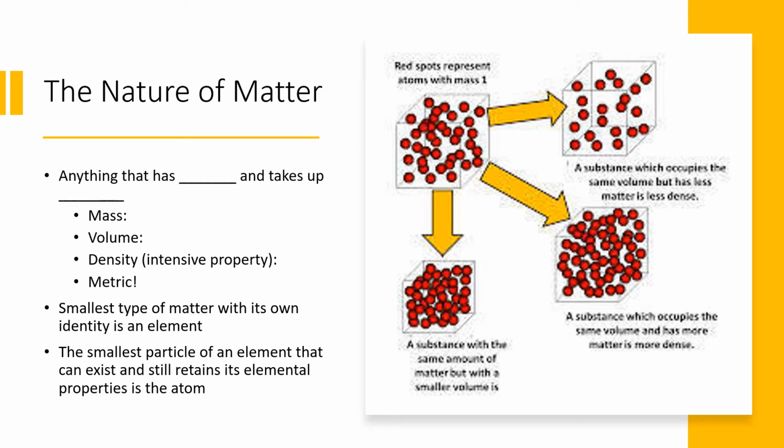So starting off here, matter is anything that has mass and takes up space. Mass is the amount of stuff, basically.